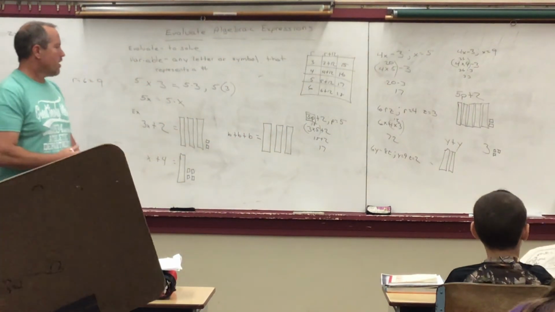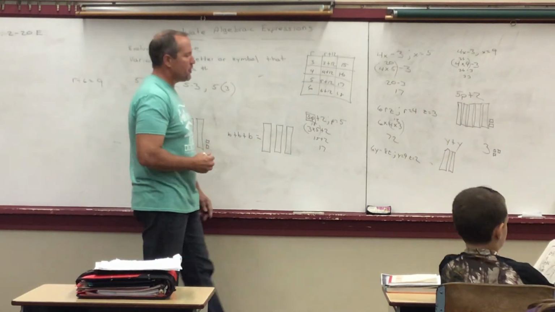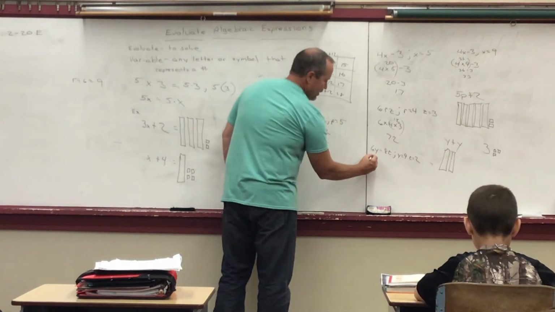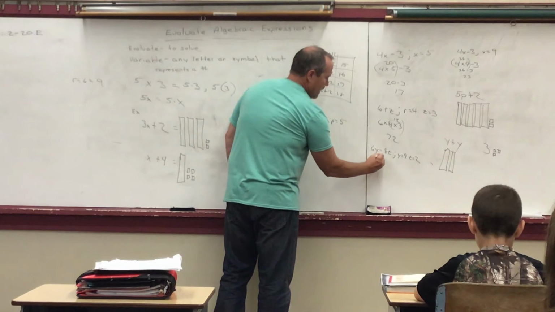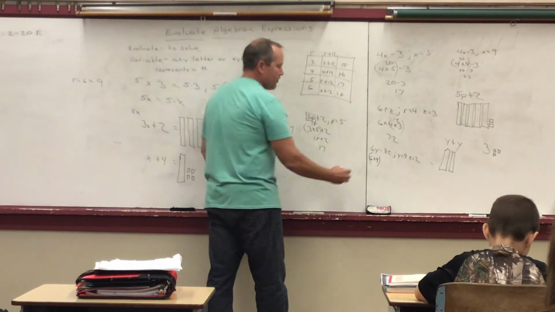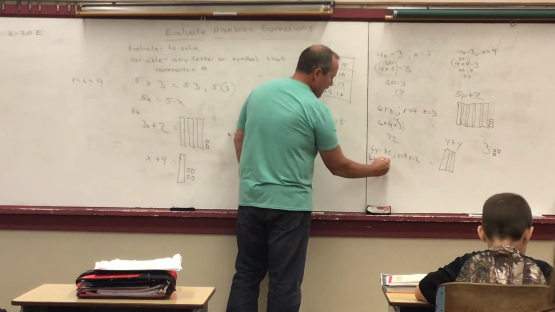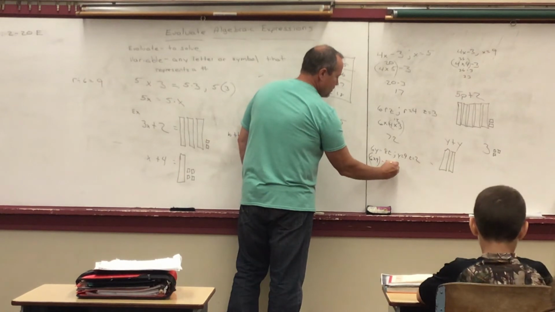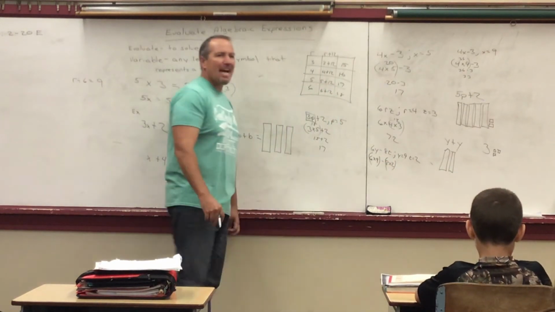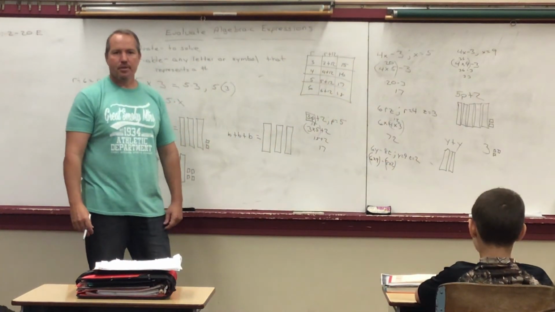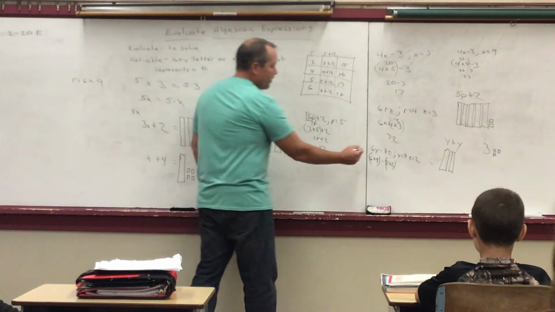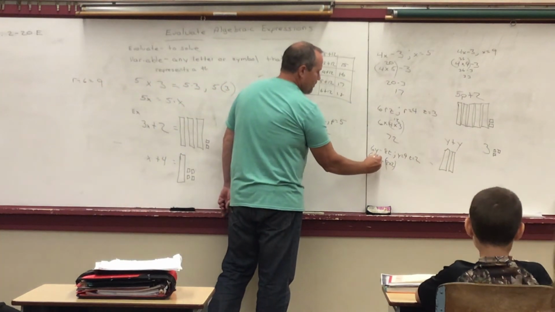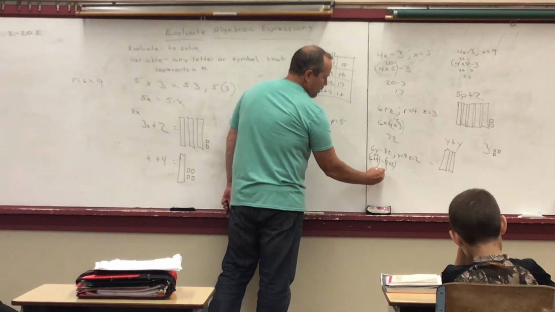Okay, so the first thing we're going to do is make it into a numerical equation. So we're going to have 6 times 9, I'm going to put that in parentheses, minus 8 times 2, and I'm going to put that in parentheses. 6 times 9 is 54. So I can do 54 minus 8 times 2.